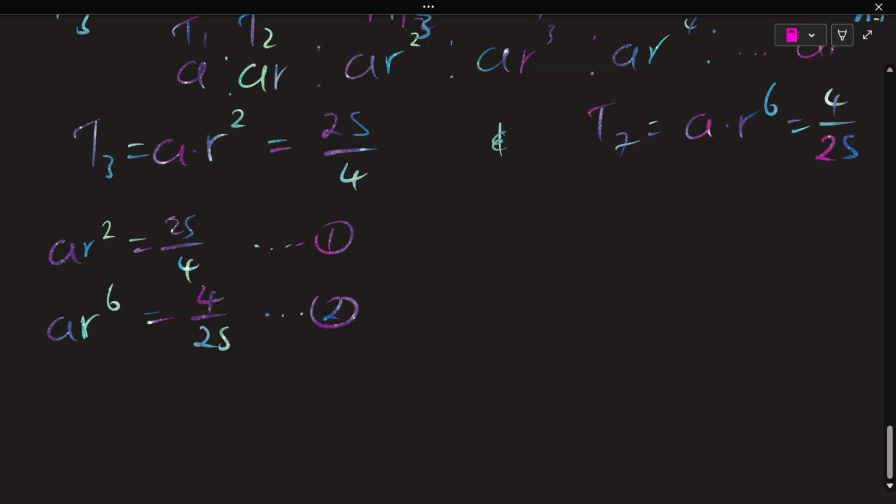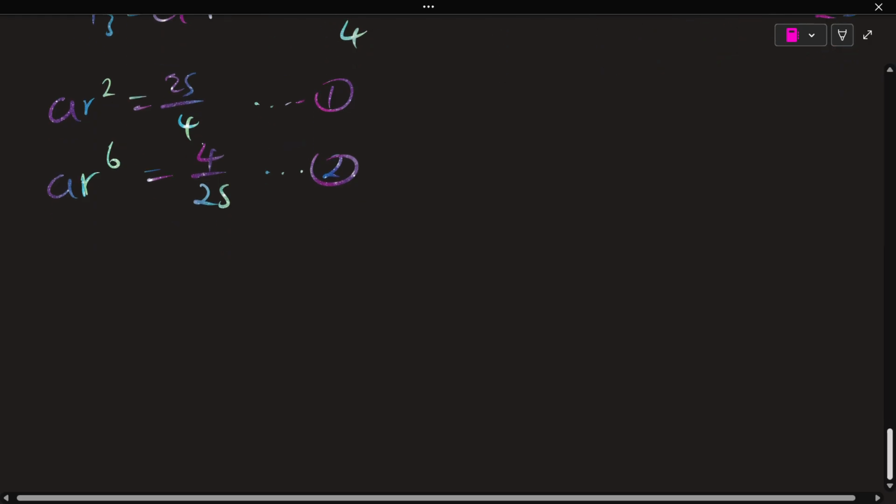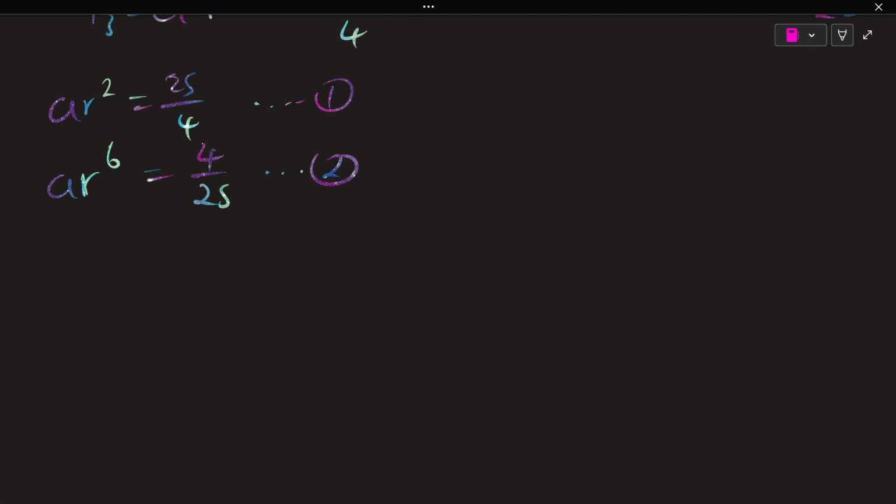Now, what can we do from there? In simultaneous equations of this kind, we divide. Someone may try to solve this in another way, but in this kind, I prefer to divide.